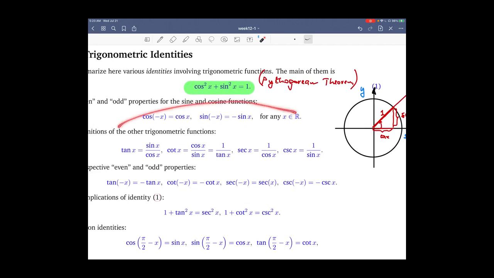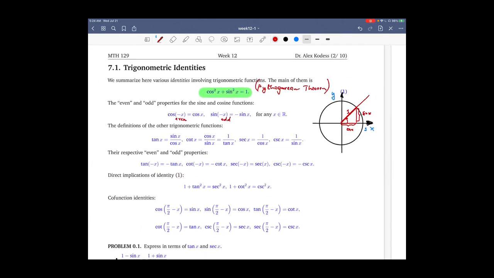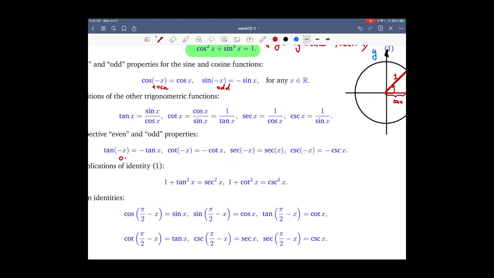These two identities simply say that cosine is an even function and sine is an odd function. We know that, along with the fact that tangent is odd, cotangent is odd, secant is even, as the reciprocal of an even function, and cosecant is also odd.